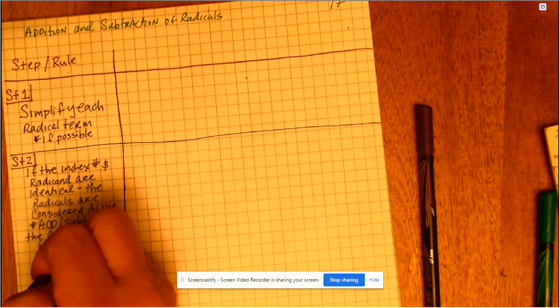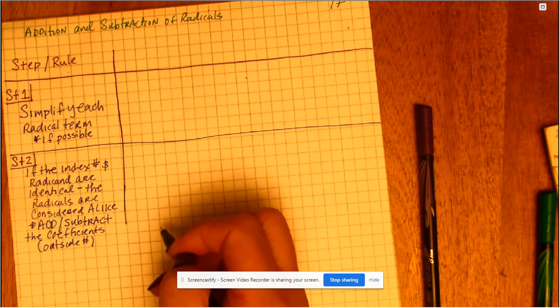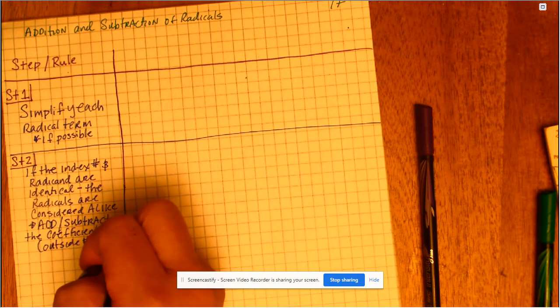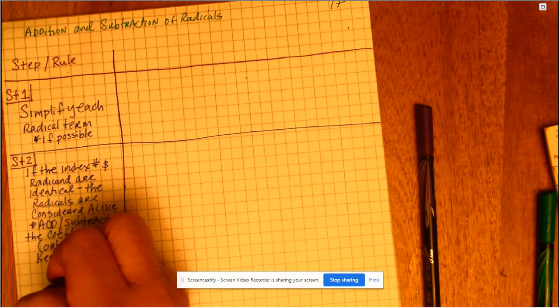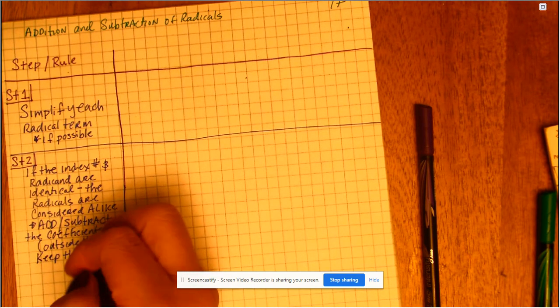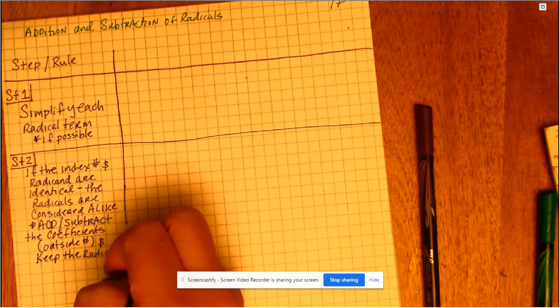What we consider the outside numbers, and keep the radical, right? Or the same radicand.